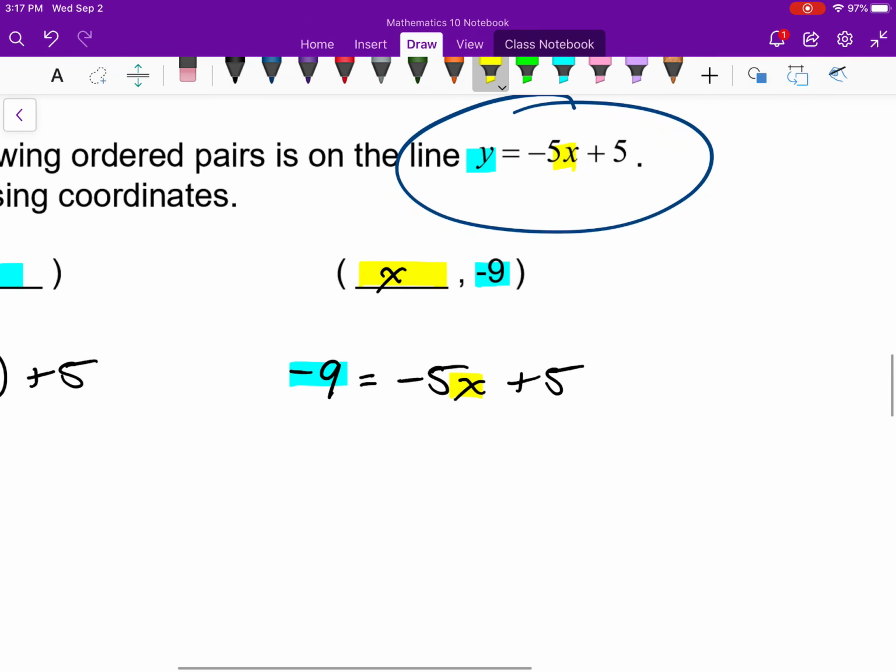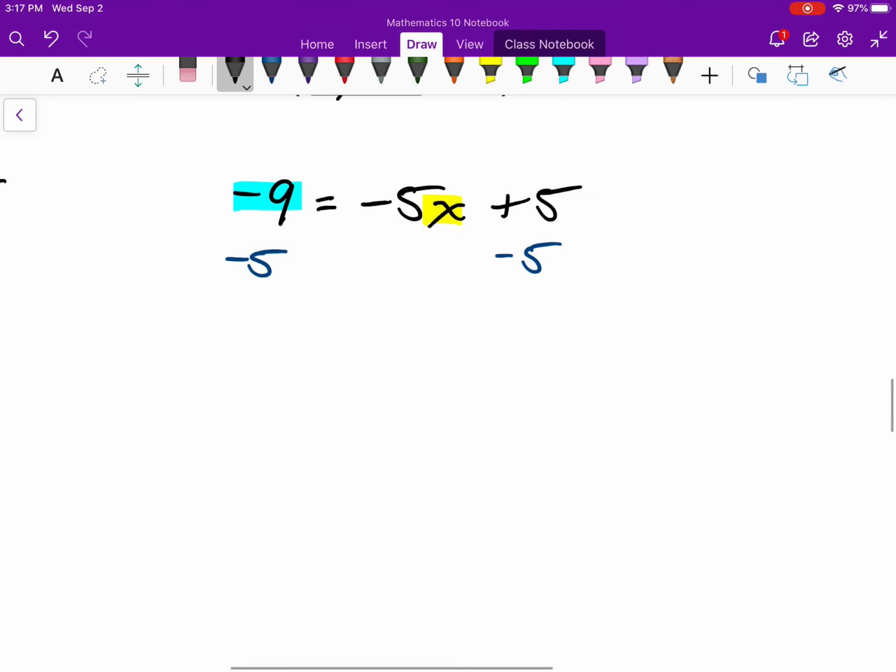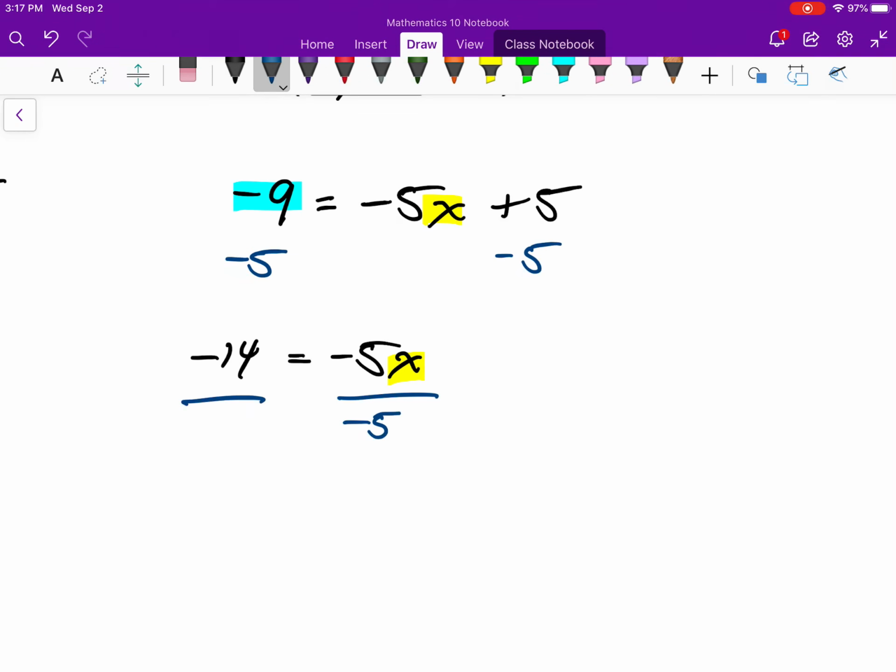In this case, it's a relatively simple equation compared to some that we've done. I'm going to start by subtracting 5 from both sides. Negative 9 take away 5 is negative 14, which all equals negative 5x. And so to find that missing x coordinate, all I have to do finally is divide both sides by negative 5.